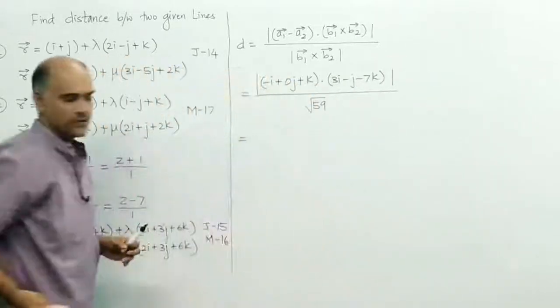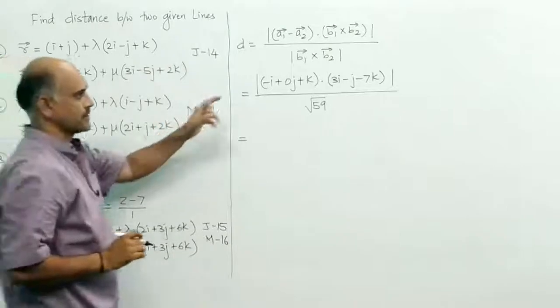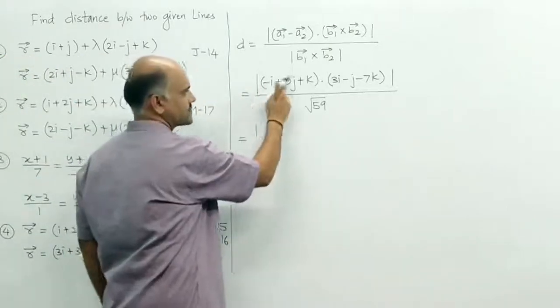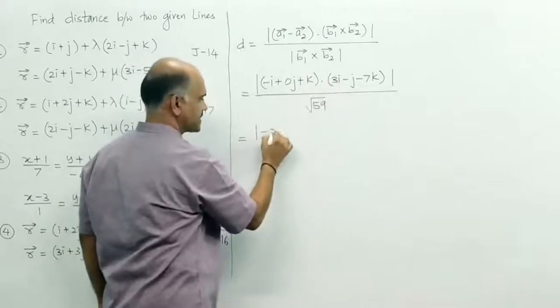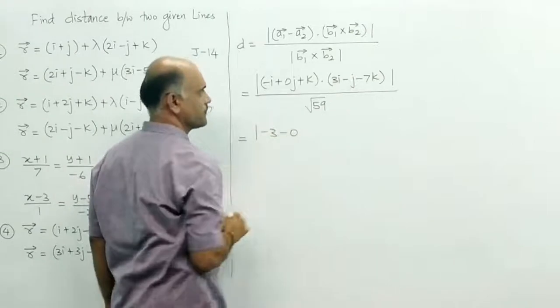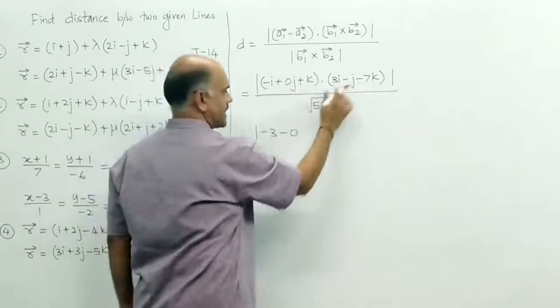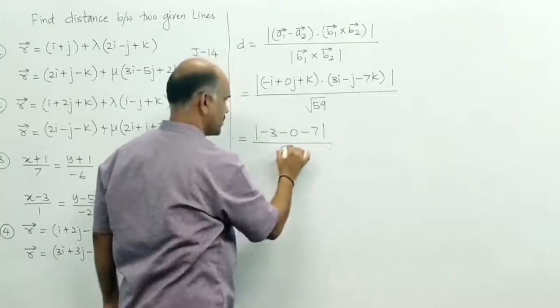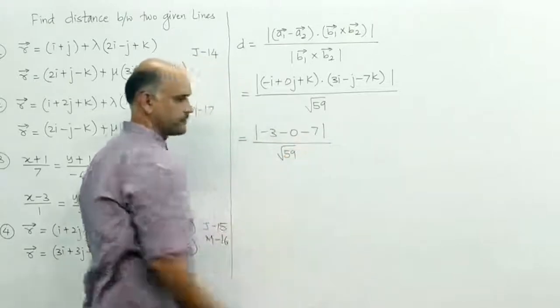So if I take the dot product, this is equal to mod of minus 1 into 3, minus 3; 0 into minus 1 is 0; 1 into minus 7 is minus 7, divided by root 59.